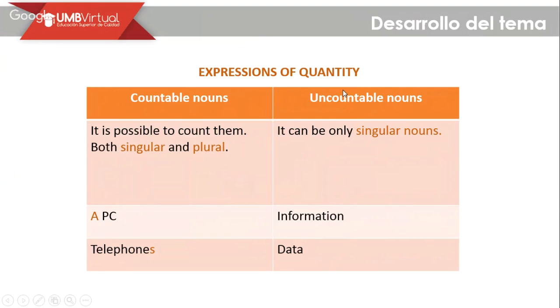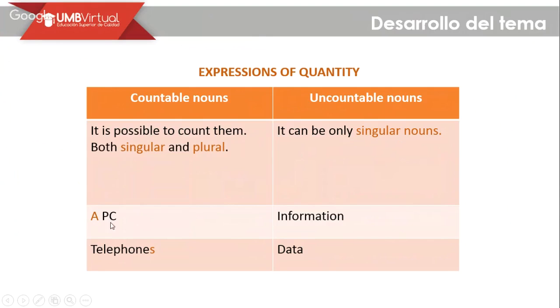So we say that there is much water or there is a lot of water. Water is just uncountable. No podemos contarla, right? So that's why we use it. That's why it's impossible to use water like a countable noun, because water is always singular, not plural.